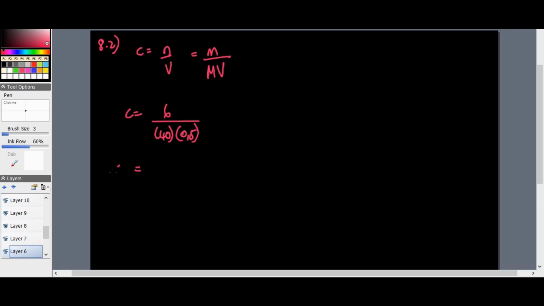So therefore the concentration is 6 divided by 40 times 0.5. That gives us about 0.3 mole per decimeter cubed. Okay, now the other option would be, of course, to calculate the number of moles first in a separate formula and then plug it in here. But because all roads lead to the same place, I just use both. Okay, that was 8.2.1.